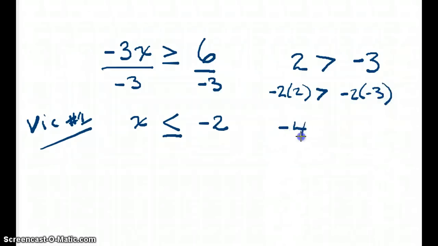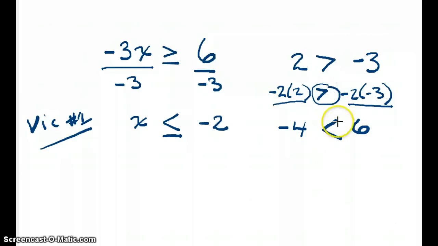I get negative 4, and I get negative 2 times negative 3 is 6. Would it be still fair to say that negative 4 is now greater than 6? Well, hopefully you'll say no to that. You'll see that it is a switch, that now negative 4 is less than 6. So we multiplied both sides by the same value, but the inequality had to be flipped.